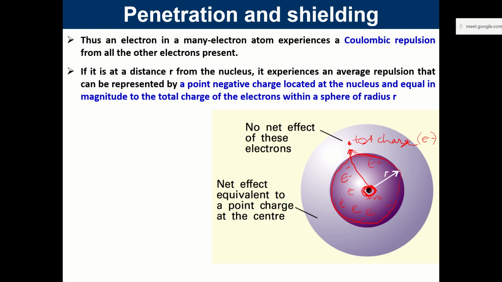if the test charge is outside that, so it is like what we say, you have a spherical distribution of charges, positive and negative charges, so the net effect will be the same as if the magnitude of the total charge of the electrons within a sphere of radius r. It will feel the same force as the total positive charge minus the negative charge inside the sphere.